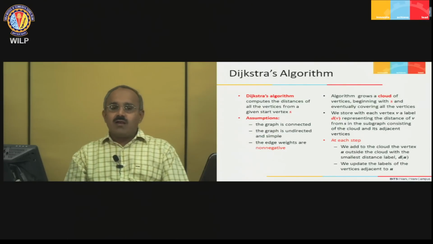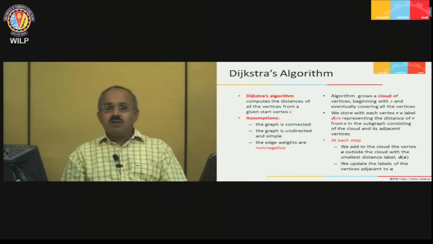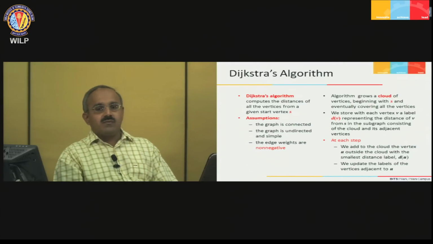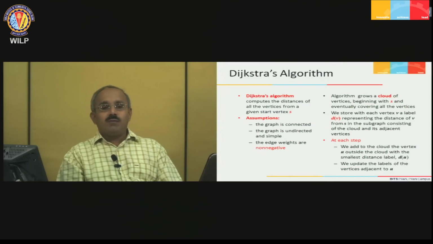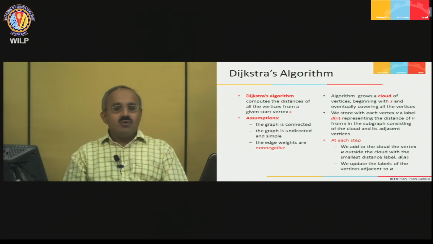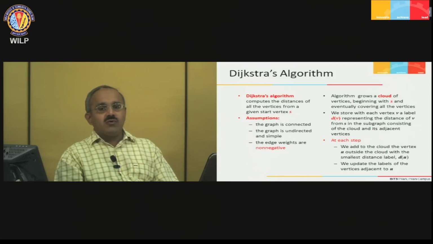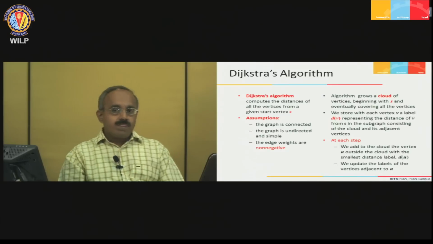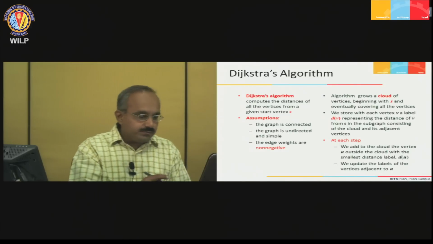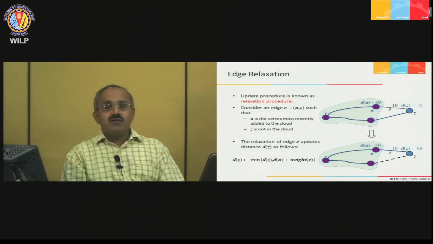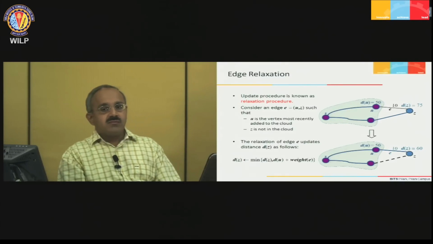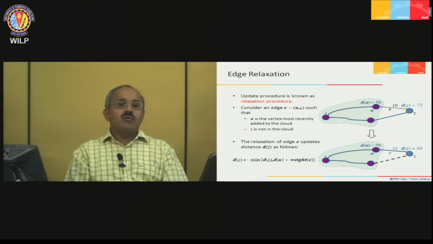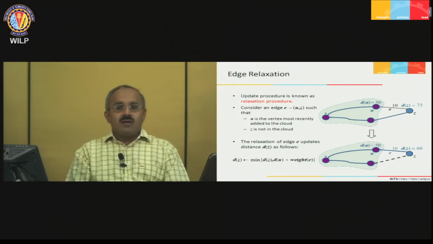Here also we are going to add a vertex u with minimum label which is outside the cloud, and once we do that, we are going to update the value of du for all the vertices which are adjacent to u and are not in the cloud. This updating procedure is known as the relaxation procedure. So, we are going to do a technique which is called edge relaxation.